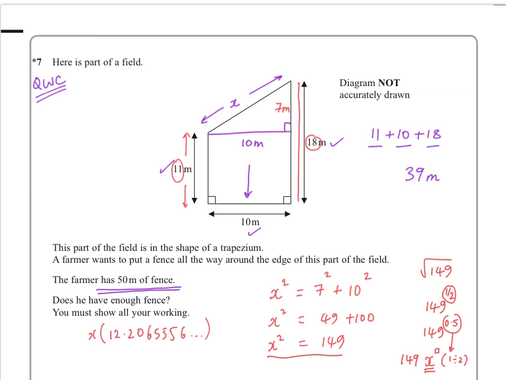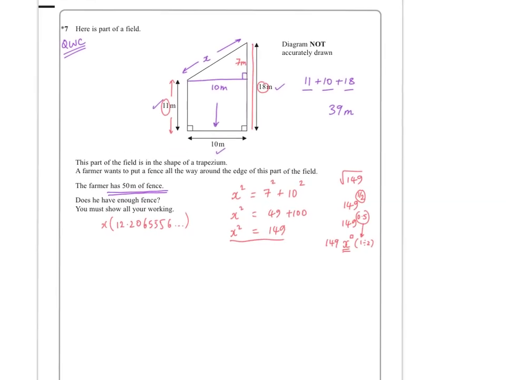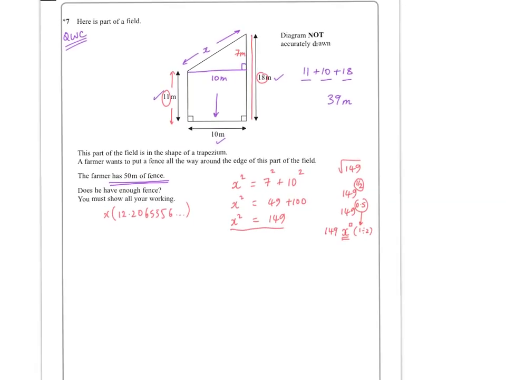So is there going to be enough fencing? Well, like I said before, you'll set your work out probably better than myself, although it's not going to be too bad what I've done. And so you've got your 39 from before, and then you've also got your 12.206 and so on.